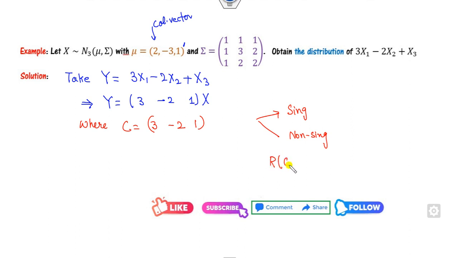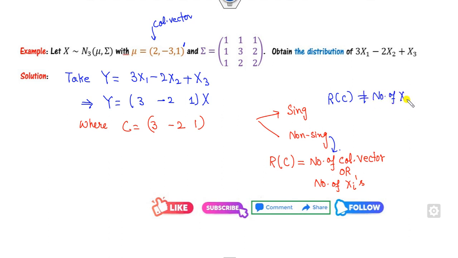If the rank of this matrix is the number of column vectors, or the number of the xi's, then you can say it is non-singular. And if the rank of C is not equal to the number of the xi's or the number of column vectors, then we can say it is a singular matrix.